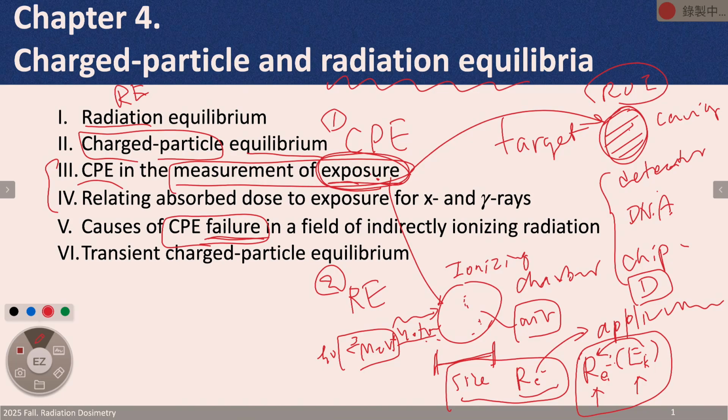Another word here is transient. Transient means it is not exactly equal, but it has a factor. That means I always have a ratio larger than you, 2 times.